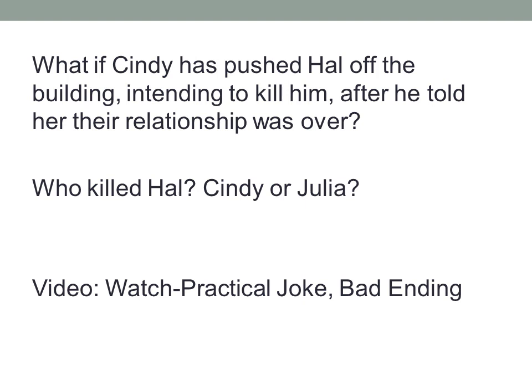Or was Julia's action an intervening, superseding cause? When something interrupts the chain of events that the defendant started, it cuts off the defendant's liability because the intervening, superseding cause is much closer. So Cindy would actually get off, and Julia would be able to be charged with murder.